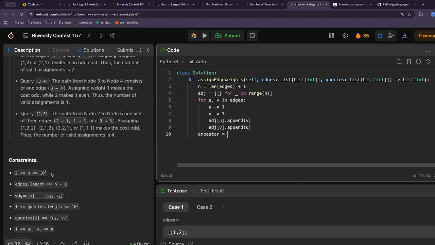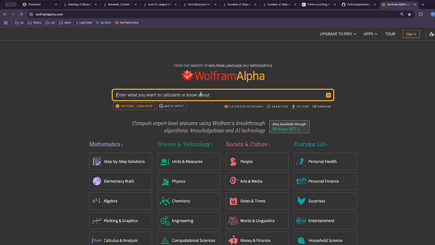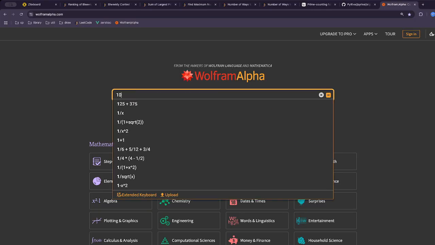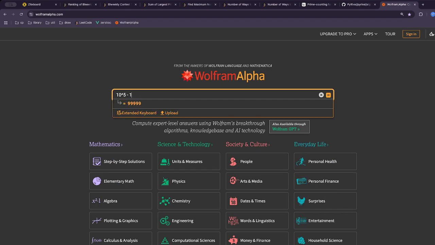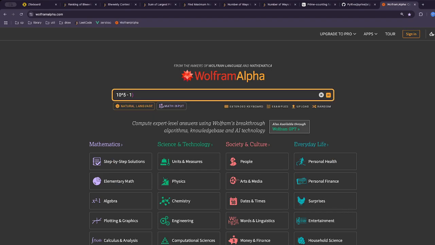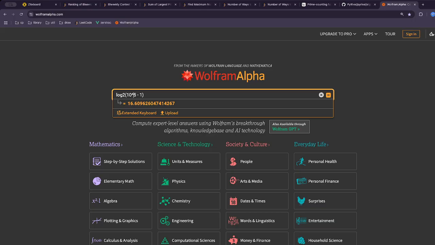So the maximum jump that we would need to reach the root will be 10 to the 5 minus 1, right? So we have to think about what power of 2 gets there.